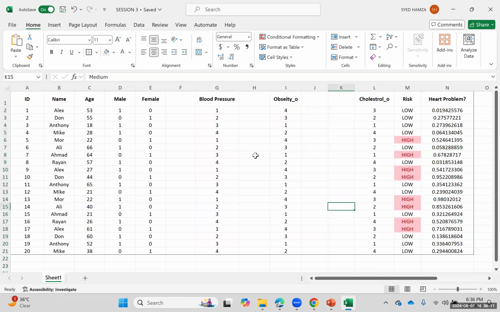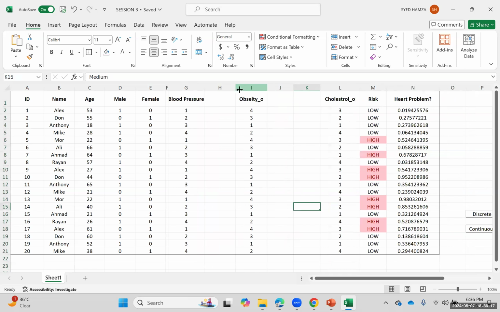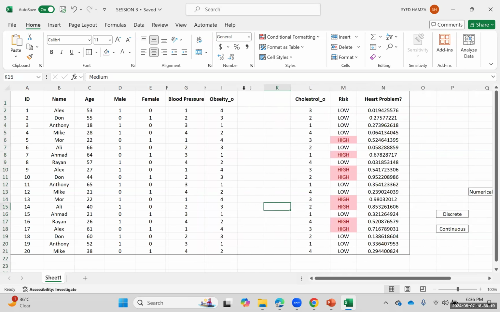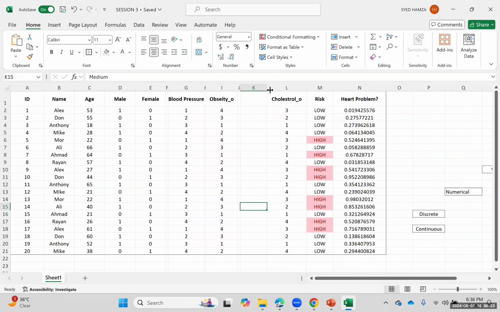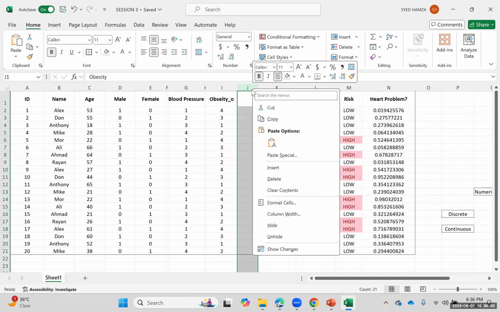So now what you have left is all of the ordinal data. You can hide them as well. That's better because I'm going to share this topic with you.